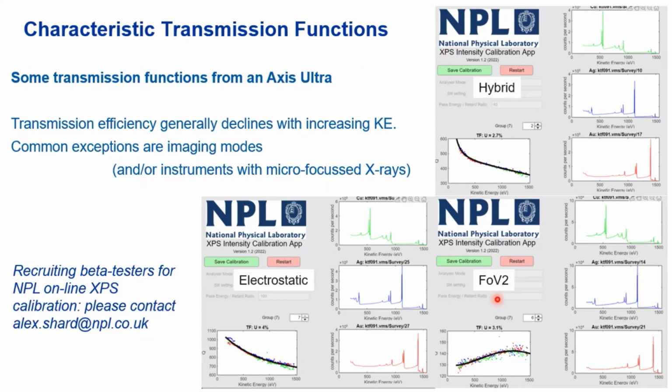Now this is an observation I think that Vincent Fernandez has made, amongst others: if you've got a well set up imaging mode, what you're doing is projecting a constant area from the sample onto the detector. As long as the angular acceptance remains the same, but everything else is well set up, that means if you're in your field of view modes, you should have a flat transmission.